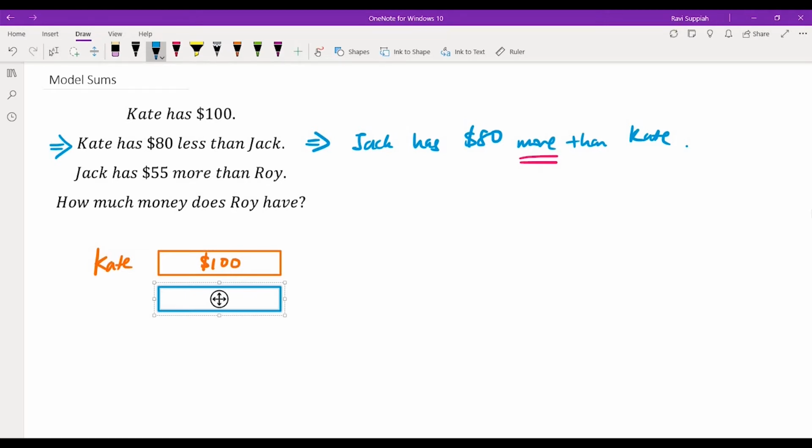Alright, so this is for Jack. And we are now able to draw the additional $80, because we know that Jack has $80 more than Kate. So let me draw the other block here. So this other block here is to represent the $80 more that Jack has.